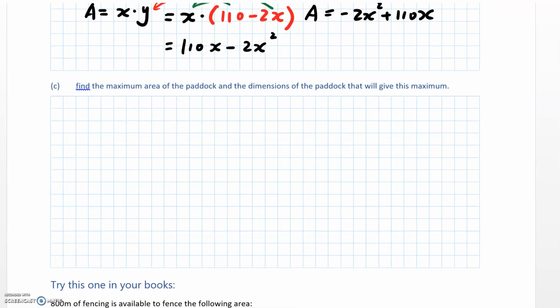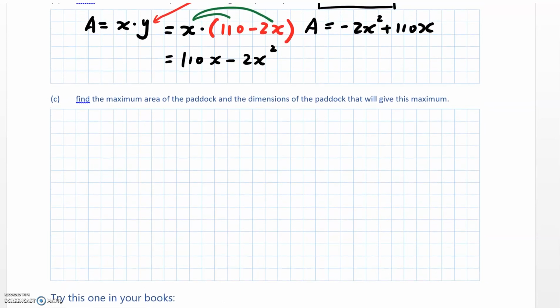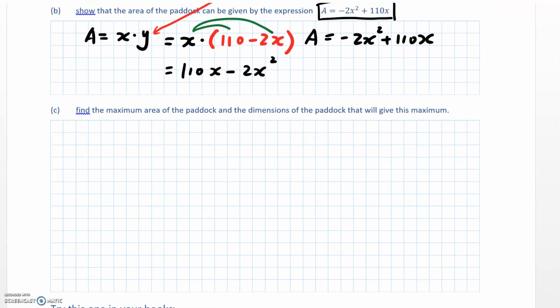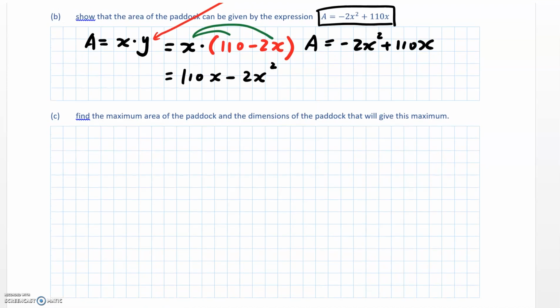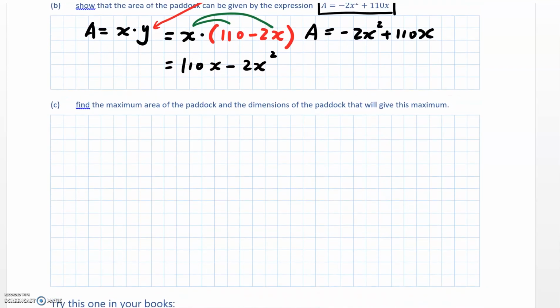Find the maximum area of the paddock, and the dimensions of the paddock that will give this maximum. Now we are moving down to the maximum area. Why don't we just continue with what we had here?